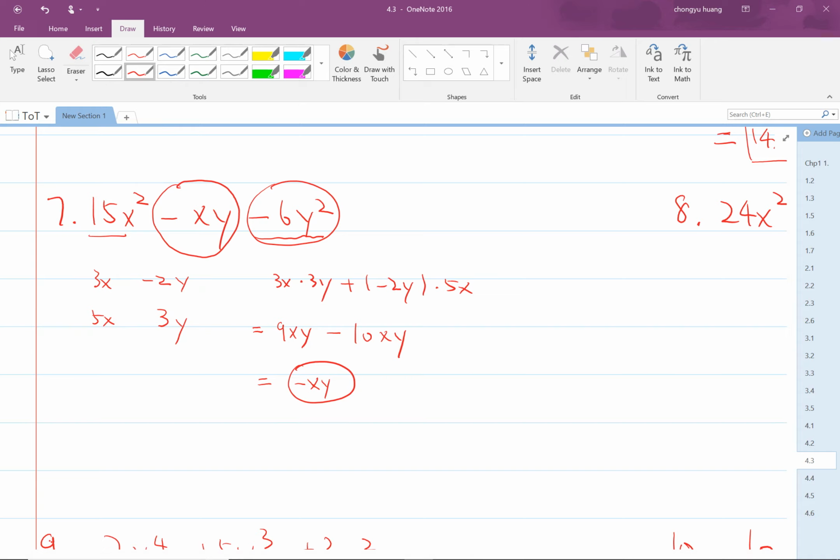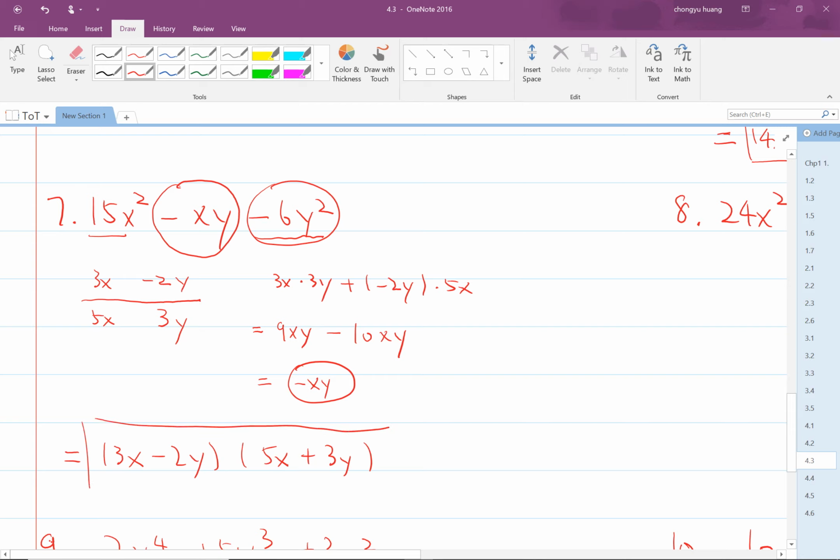So we put a line between it, and then we write down 3x minus 2y and 5x plus 3y. We finish the factoring, and we find the solution.